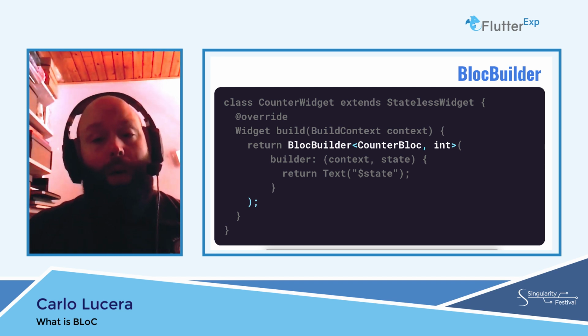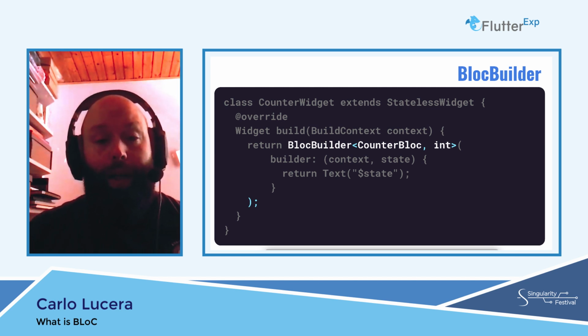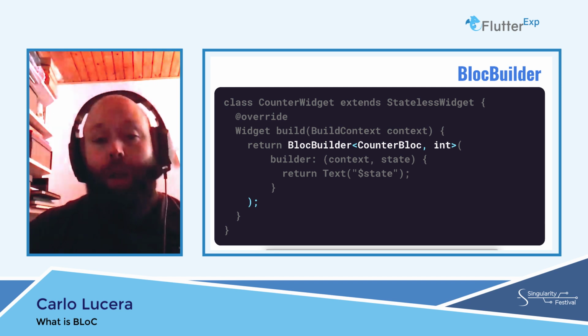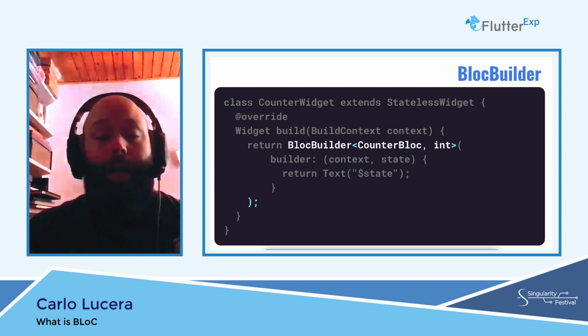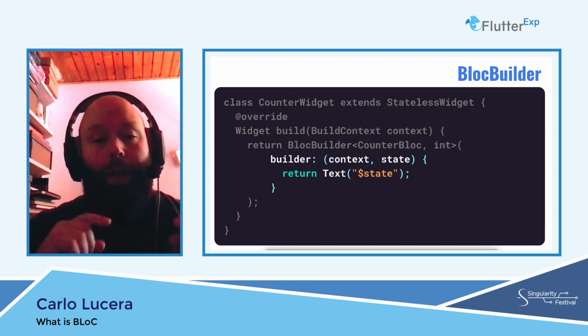It needs to be aware of the type of the state because it will be returned in the builder function, and it needs to know the block class because, as we will see later, this will be used to check which block will be used from the tree.